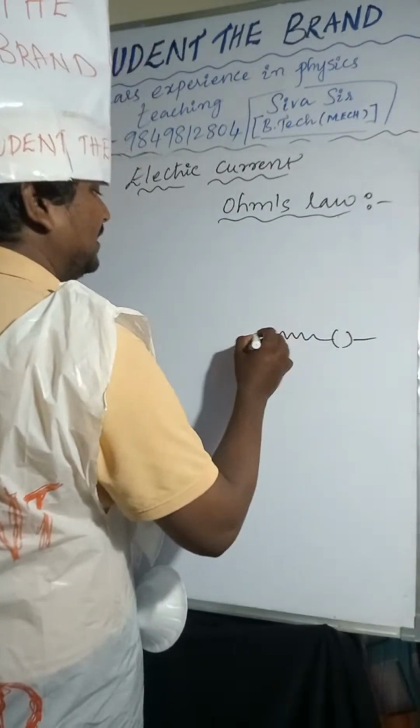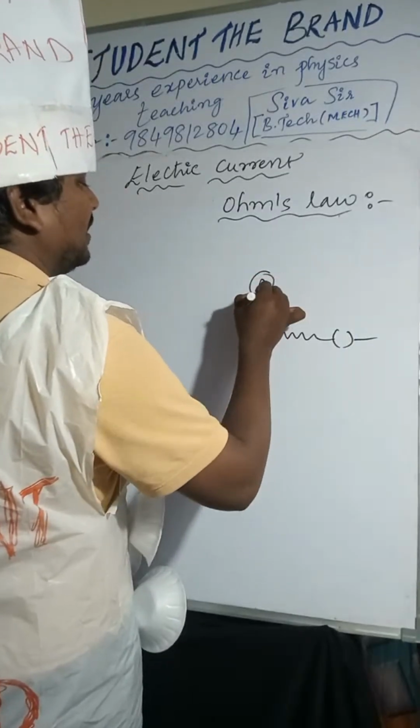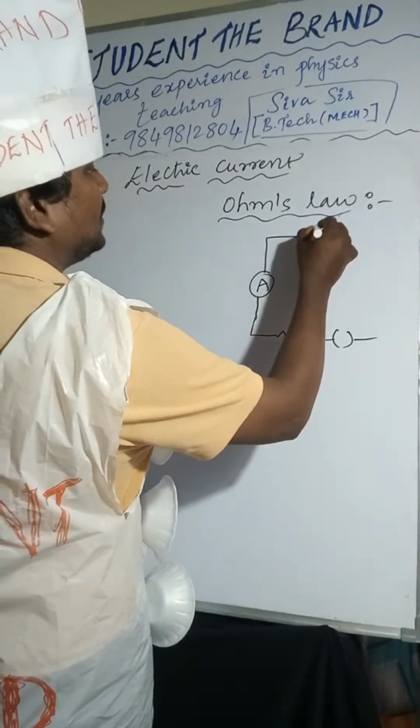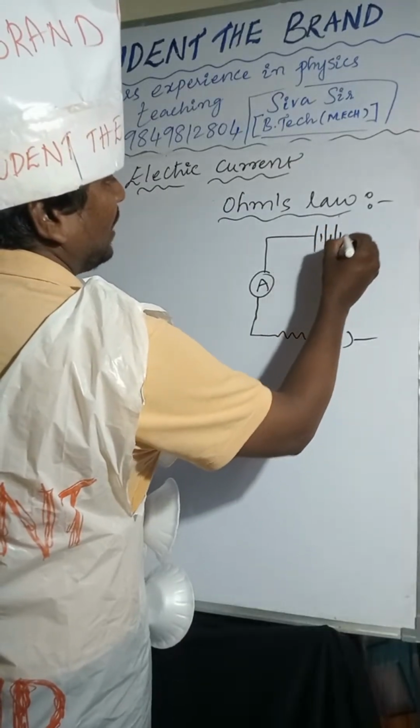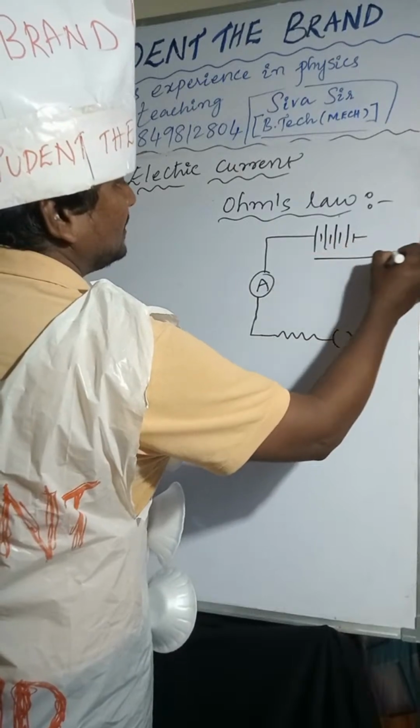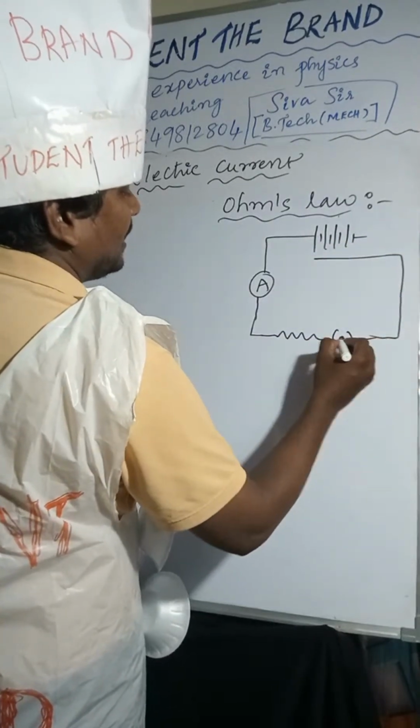The potential difference across the metallic conductor is directly proportional to the current flowing through it.